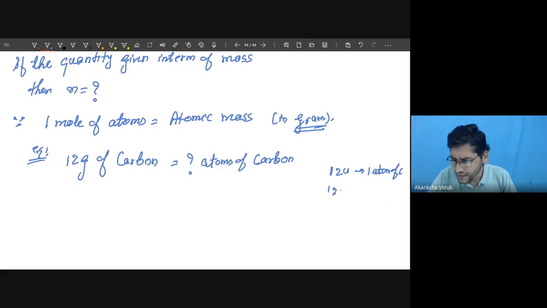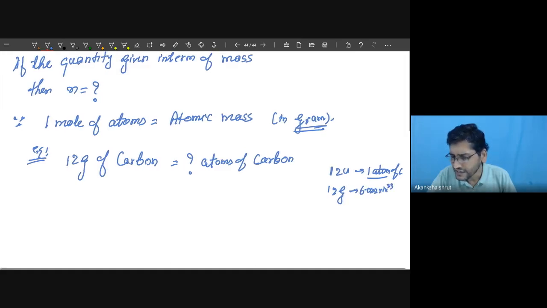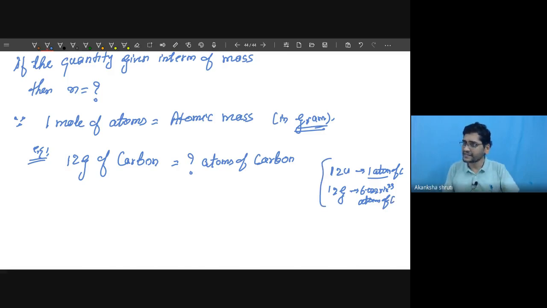But if you are taking 12 g, this number becomes the Avogadro number, 6.022 into 10 to the power 23 atoms. This is the basic thing. That's why we were using the terms like gram mass and relative mass or amu mass. So 12 gram of carbon will contain 6.022 into 10 to the power 23 atoms of carbon.